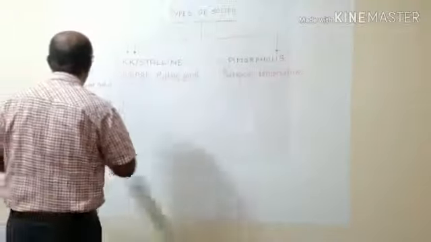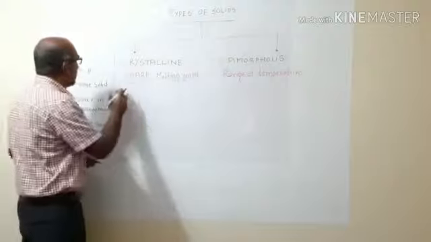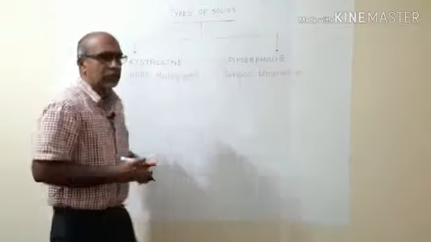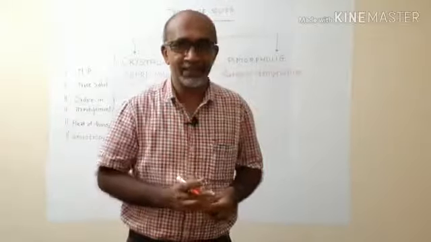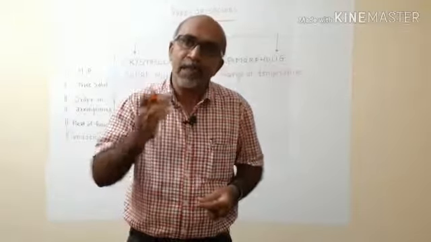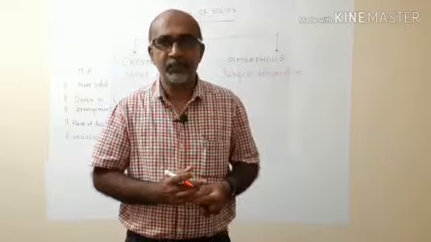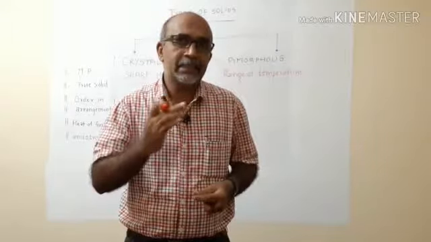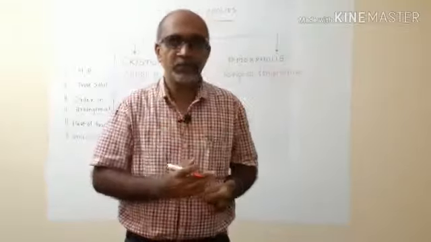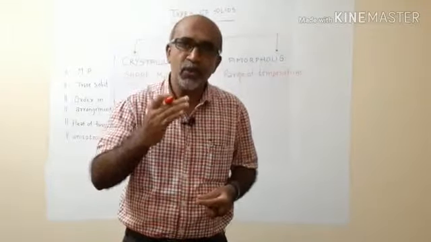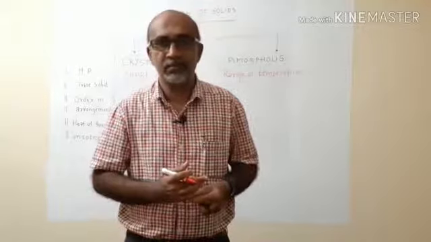Let us consider one more important character. Crystalline solids are known as true solids. Why are they called true solids? Because crystalline solids do not show a tendency to flow.